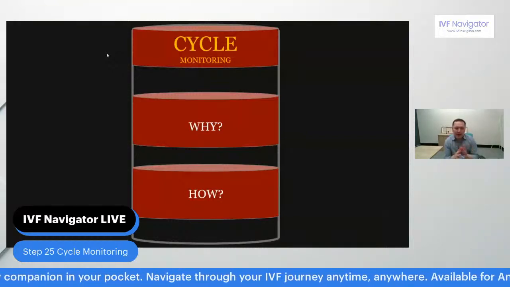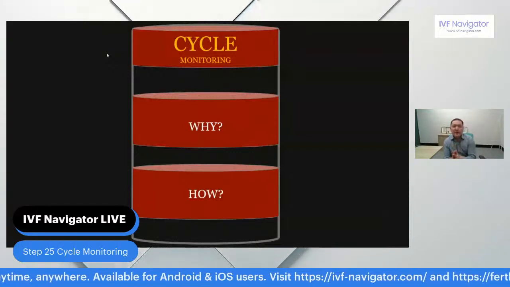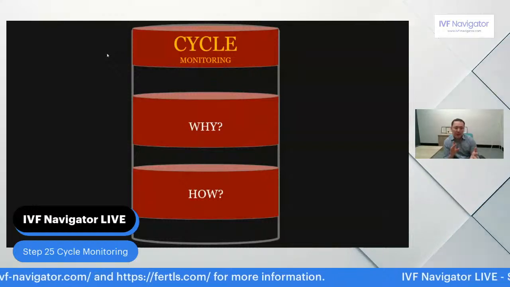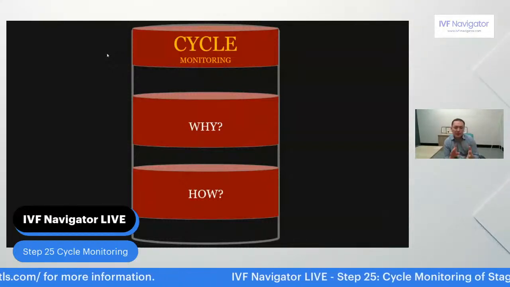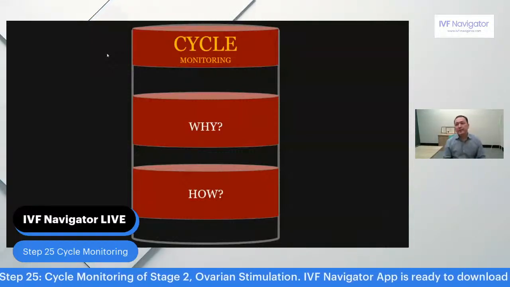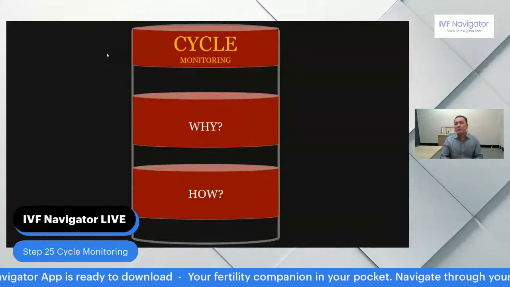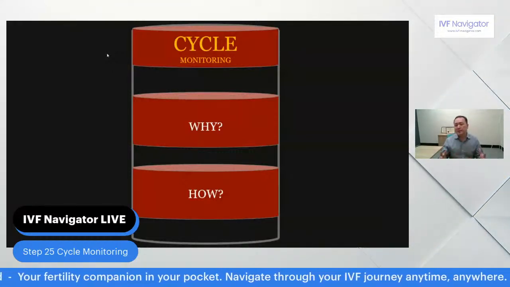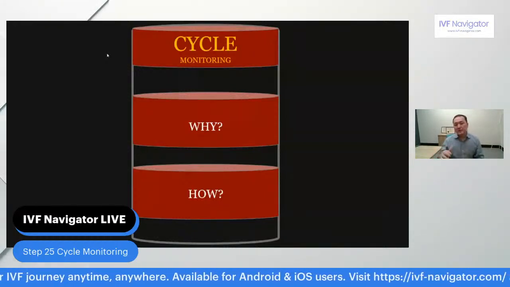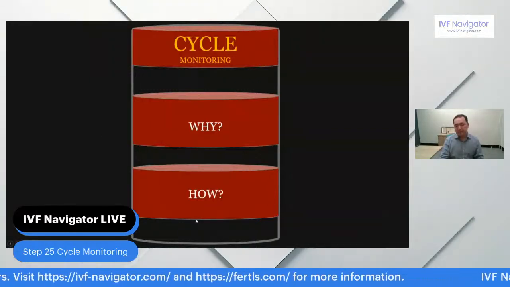If we monitor the cycle carefully, stimulate adequately and trigger at the right time, then we should be able to get the expected number of eggs, good in terms of quality, quantity and maturity. That's why, as a patient, it's important to understand why we do cycle monitoring and how we achieve that, so you can navigate the cycle more seamlessly. So in this step we will cover why we do cycle monitoring and how we do it.